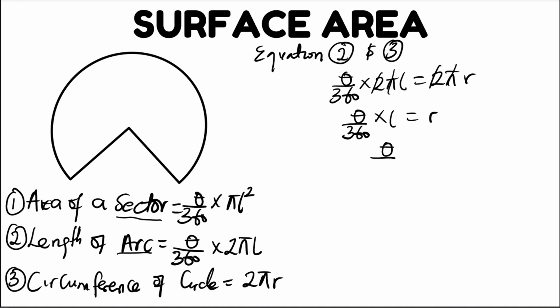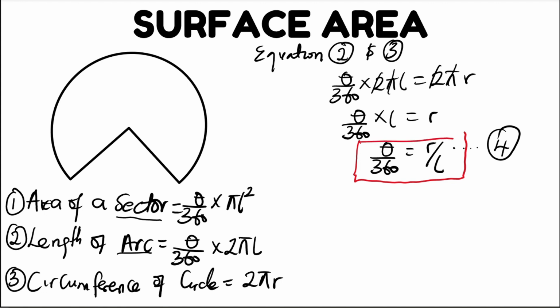So this will be theta over 360 is equal to R over L. We'll call this the fourth equation. We need to take note of this fourth equation.